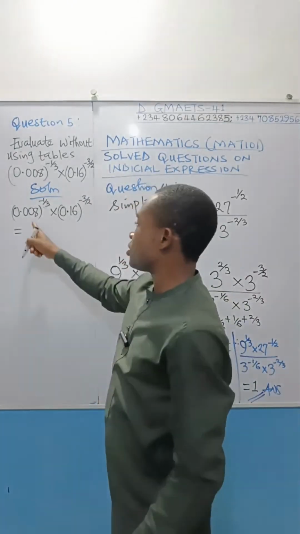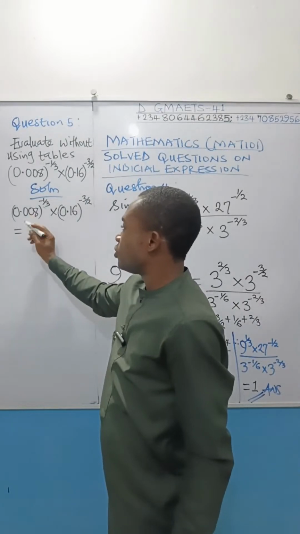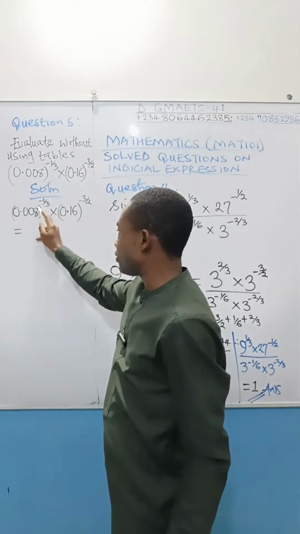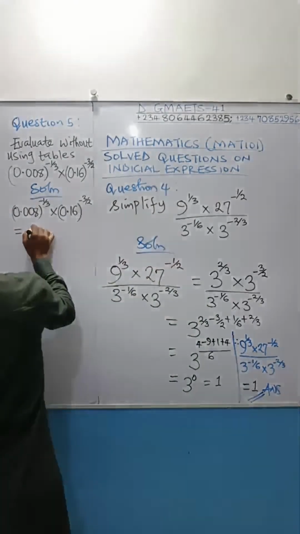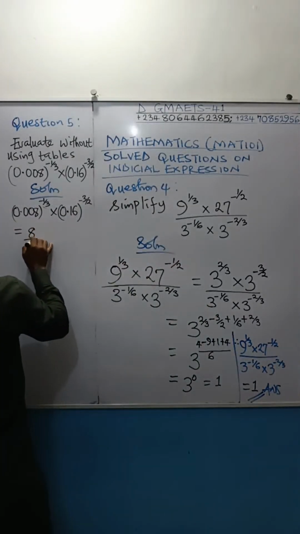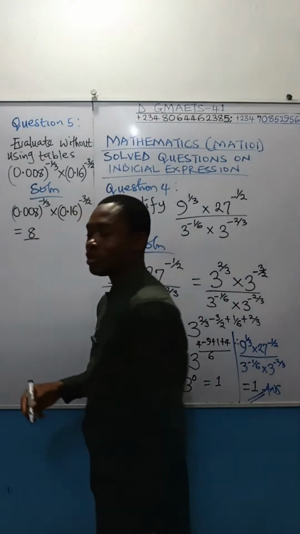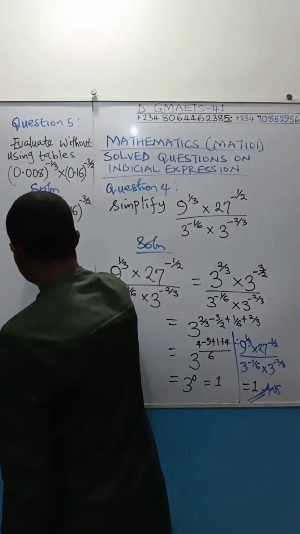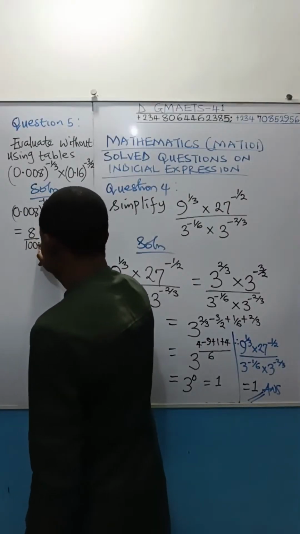So in this case, if you move this point from here, 1, 2, and 3, this will become 8 all over 1 with 3 zeros, since I moved the point 3 times.